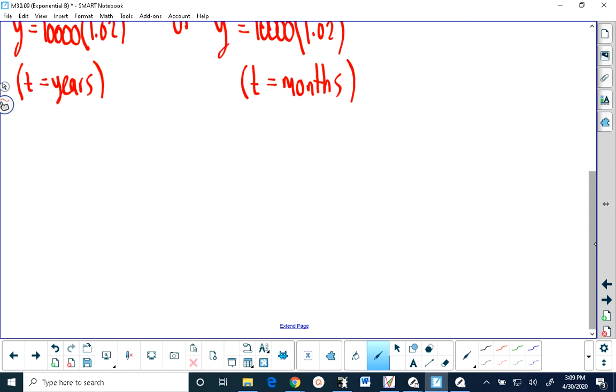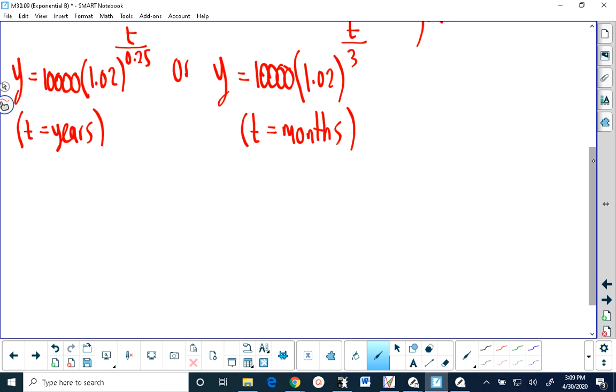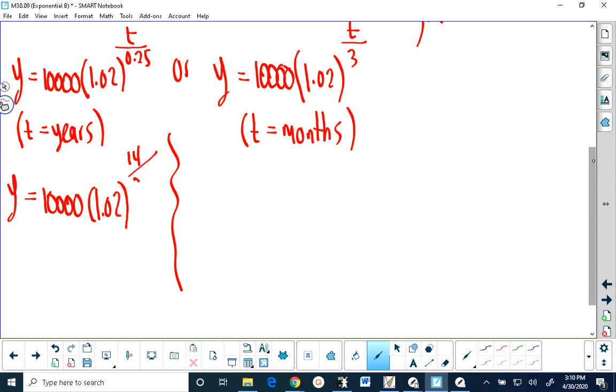The problem is, how much money does she have in the account after 14 years? So if I solve it with the equation on the left, I'm going to have 10,000 multiplied by 1.02 raised to the 14 over 0.25. If I solve it with the equation on the right, I have to figure something out first.